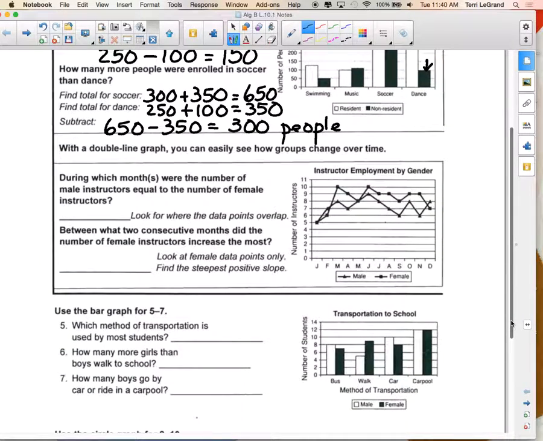Okay, when do you decide to use a double line graph? Well, when you need to see change over time. It says with a double line graph, you can easily see how groups change over time. So what's going on in this graph? What's happening on our next graph, our double line graph?